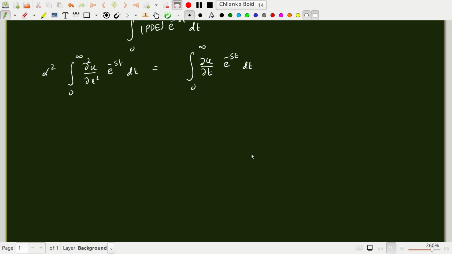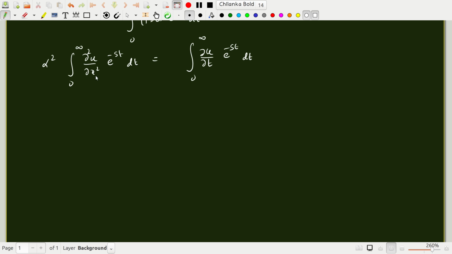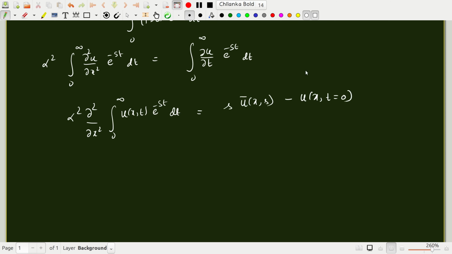Now this is an integral over time, whereas the derivatives are over x, so I can write this as alpha squared d squared by dx squared of the integral from 0 to infinity of u of x,t e to the minus st dt, which is equal to, now the Laplace transform of a time derivative is something that we are familiar with, s times u bar of x,s, where u bar of x,s is the Laplace transform of u of x,t, minus u of x at time t equal to 0.